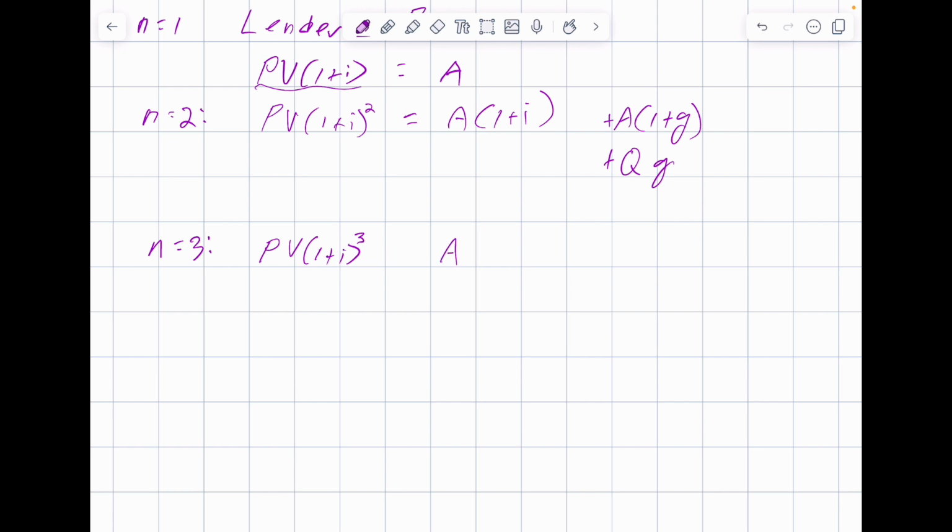So we'll take A 1 plus I squared plus A 1 plus G times 1 plus I plus QG 1 plus I. We'll multiply the second payment by 1 plus G and add QG.